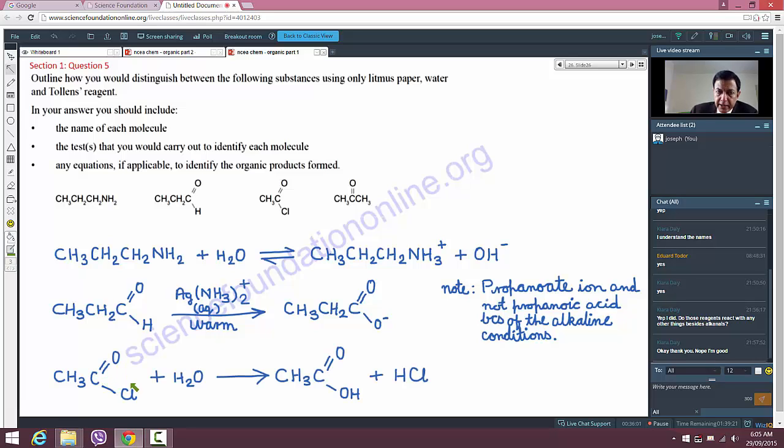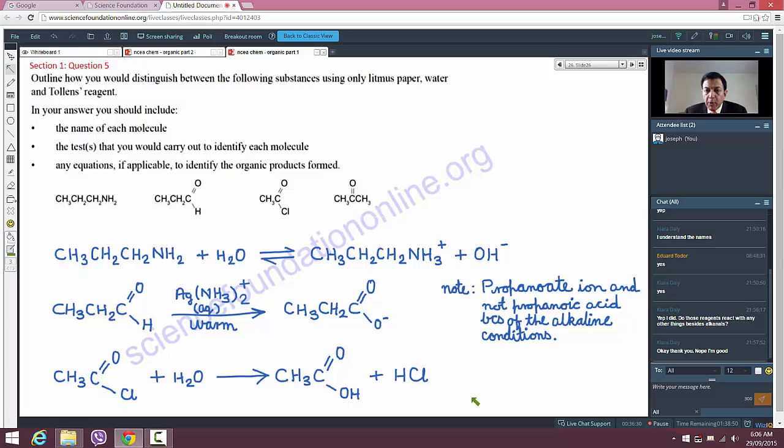Alkanoyl chloride here, I told you it reacts violently with water to produce fumes of hydrogen chloride, HCl gas. Why? Because the OH comes onto here. Remember, with an alkanoyl chloride, it's very easy to produce the alkanoic acid because the OH comes on there to replace the chlorine and you get hydrogen chloride gas. The hydrogen chloride gas with any moisture produces those fumes that you can see in the air.